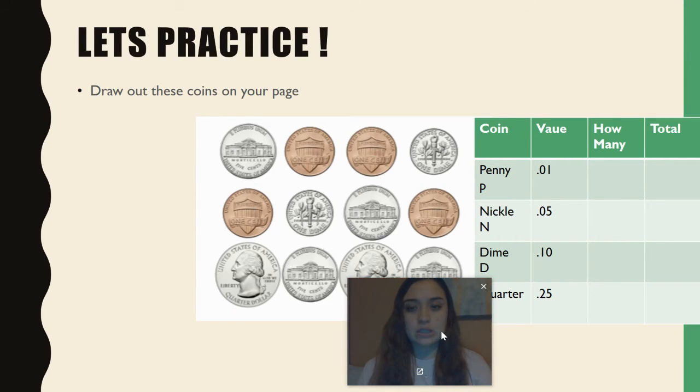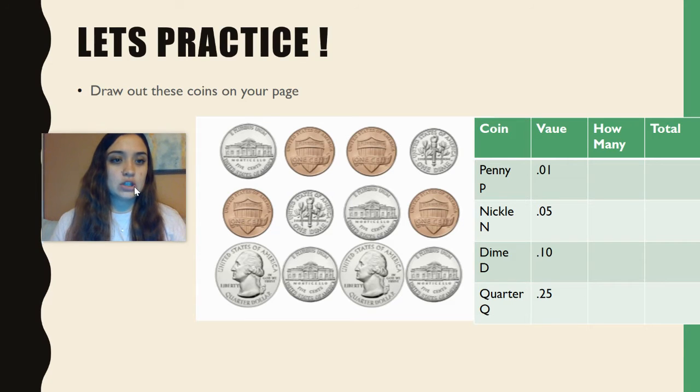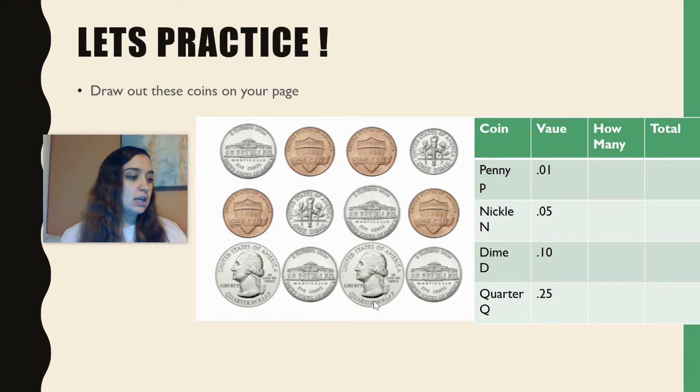All right, so we're gonna go ahead and we're gonna practice. So I want you guys to go ahead and I want you to draw out these coins in your journal. So underneath where you made your chart, we're gonna go ahead and draw these coins out, and I'm just gonna draw kind of the shape of the coins, okay?